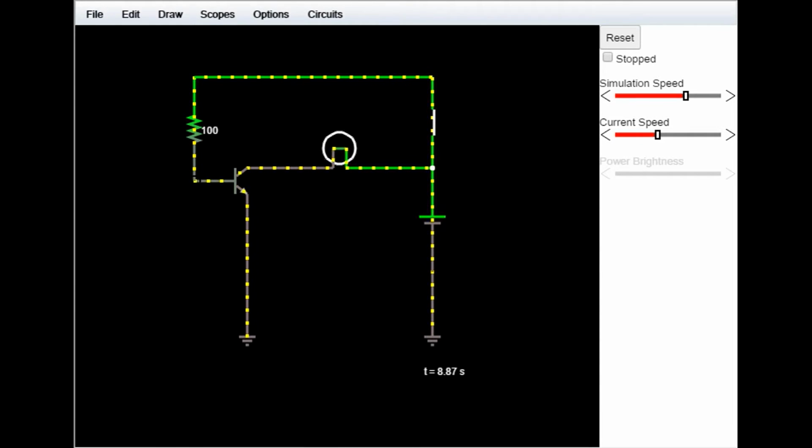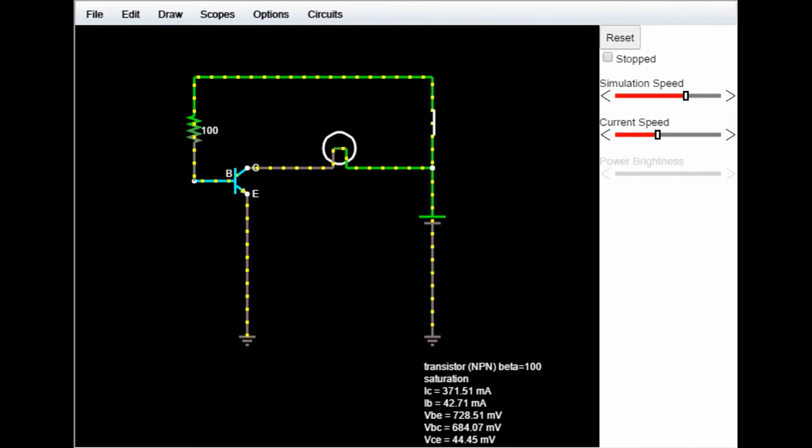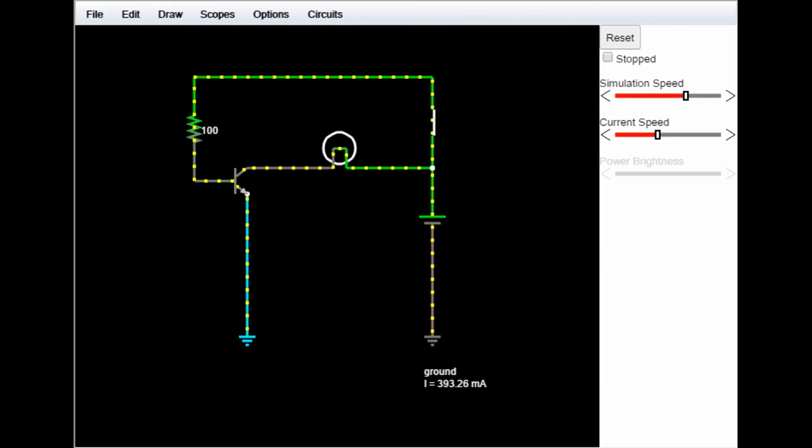So essentially when positive electricity flows into the base and out through the emitter, it allows current to flow from the collector through to the emitter, just like the switch did, sort of, except this actually takes a little bit of current and allows a small current to control a larger current. So I'll show you how that's useful in a couple other examples.